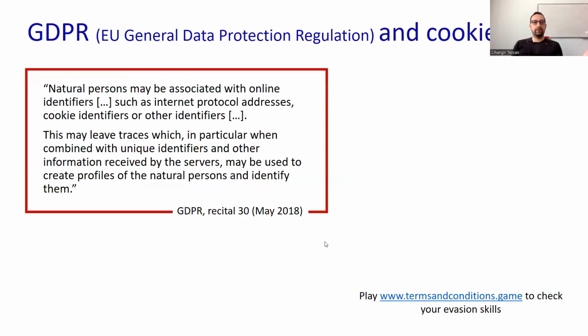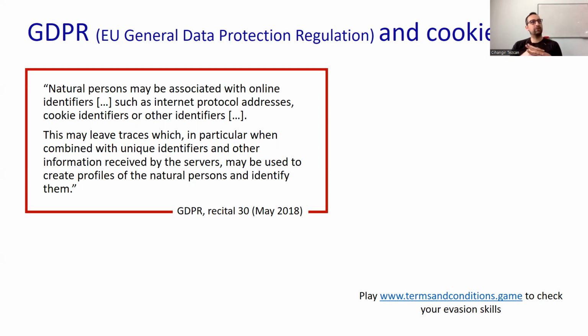So here's an example of what the book says, talking about GDPR and cookies. This is an excerpt from GDPR. Natural persons may be associated with online identifiers such as Internet Protocol addresses, cookie identifiers, or other identifiers.